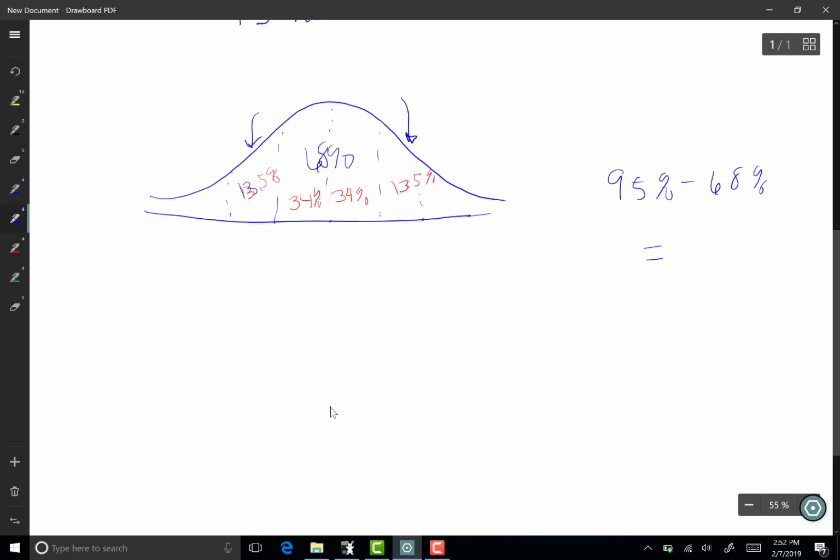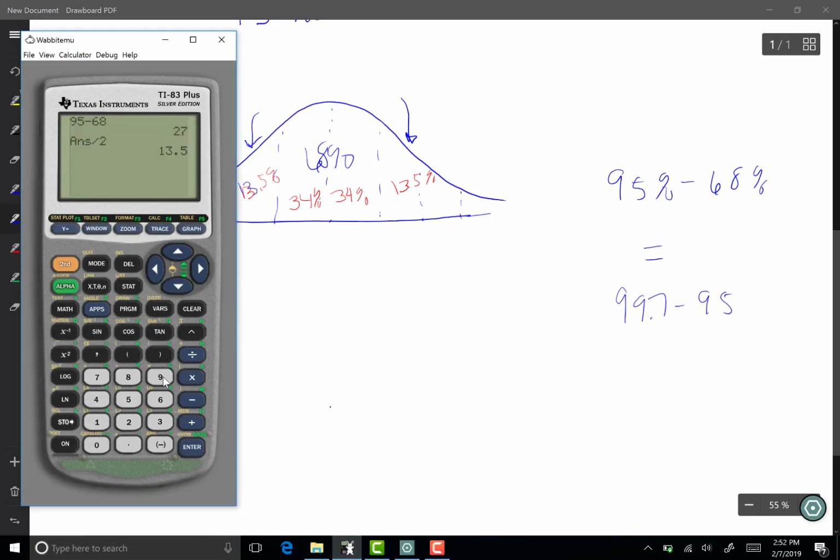And you can do the same thing for this last one, 99.7. So we can say 99.7 minus 95. Divide it in half.